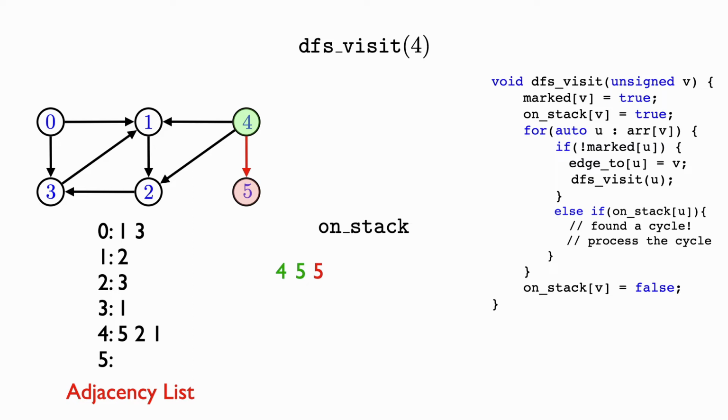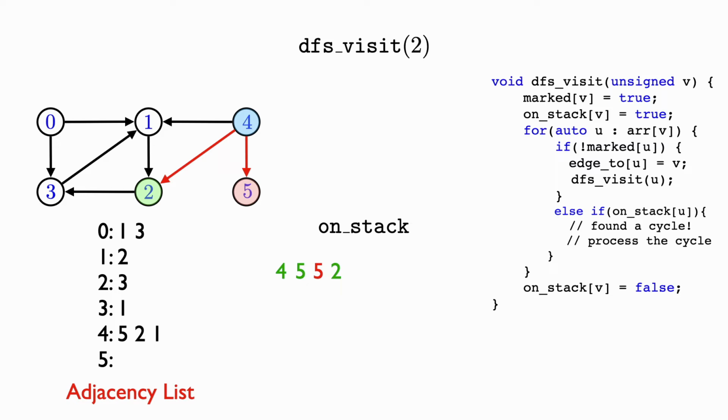The next vertex to consider in the adjacency list of vertex 4 is vertex 2, and vertex 2 is unmarked. So we set the edge2 relationship and call DFS visit on vertex 2. So we mark vertex 2 and it goes on stack. We only have one vertex to consider in the adjacency list of vertex 2, which is vertex 3.